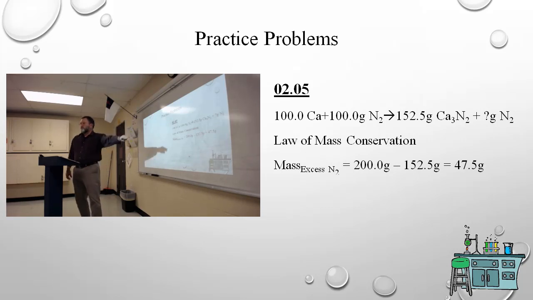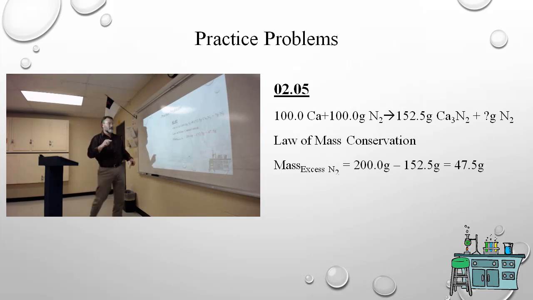Okay? We good so far? And this is pretty straightforward, I hope. We've got 47.5 grams too much nitrogen. So how much nitrogen should we have? Okay, we get that by doing what? Yeah, subtracting the 47.5 from 200.